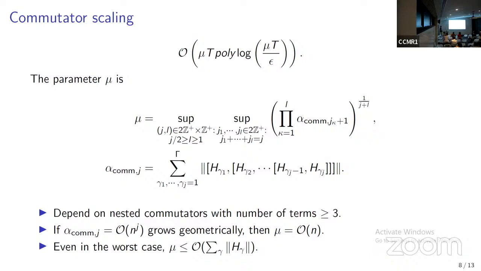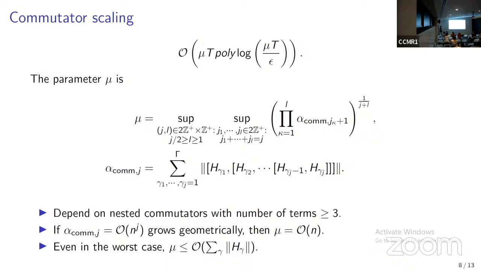So it's the ratio between the one order higher nested commutator divided by some lower order nested commutator. It describes the growth of this commutator in terms of the depth. And I would also like to mention that this mu is exploring the commutator scaling, but even in the worst case, it is at least no worse than the spectral norm dependence in the worst case.